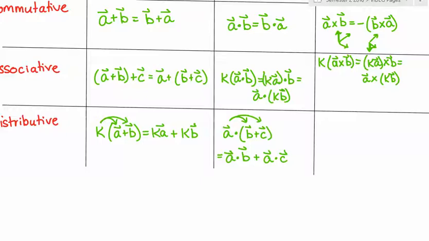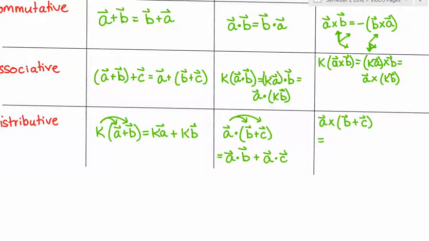Cross product. Okay, so let's say we had A cross (B plus C). It's going to work the same way as the other two have.